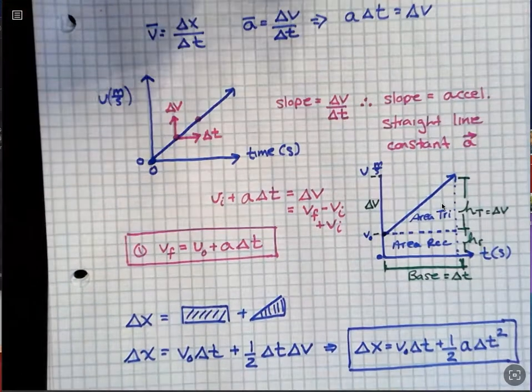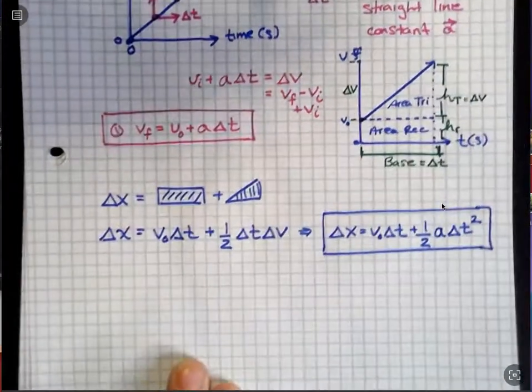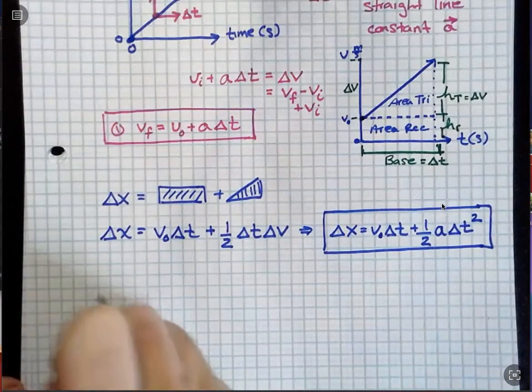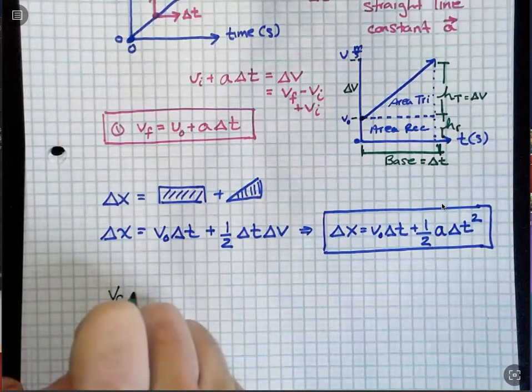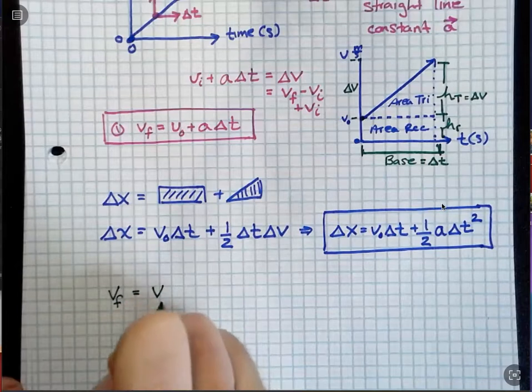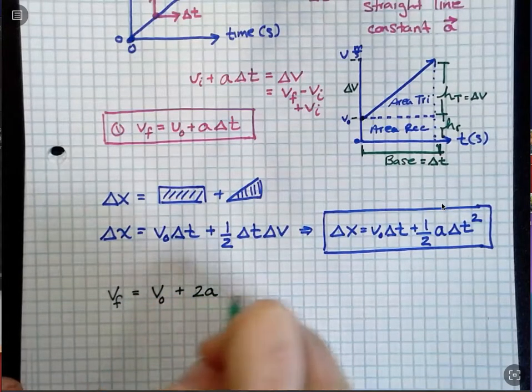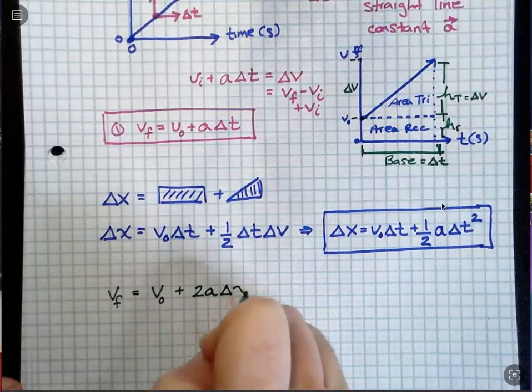Now I'm not going to derive the third one for you. It's just a little bit mathematic-y, but I will write it so you have it. That equation tells us that the velocity squared of an object will be equal to its initial velocity squared plus 2 times its acceleration times its change in position.